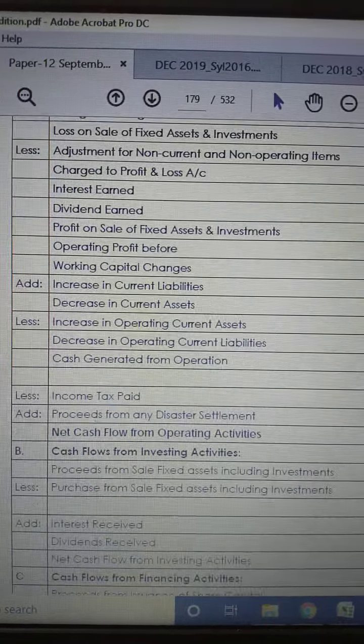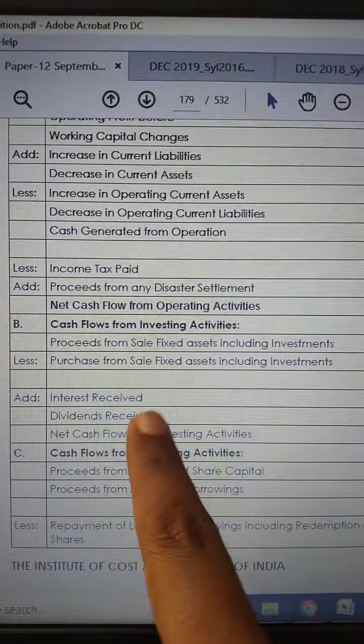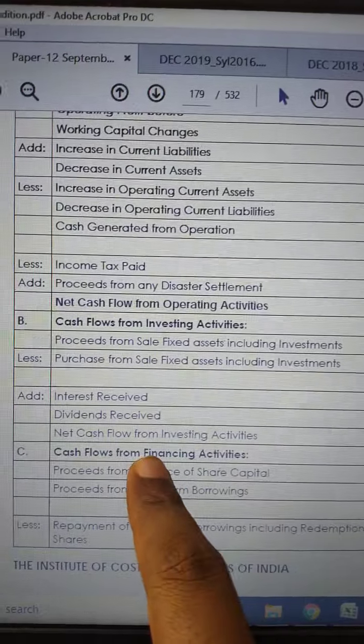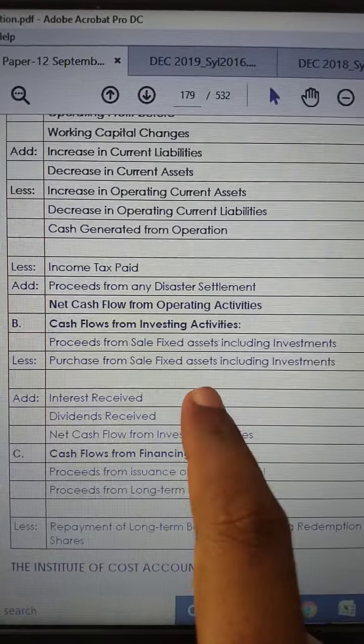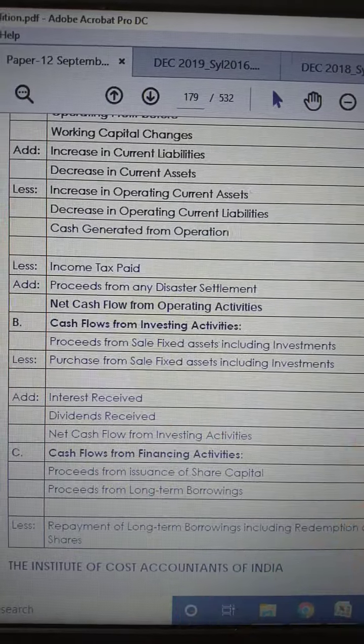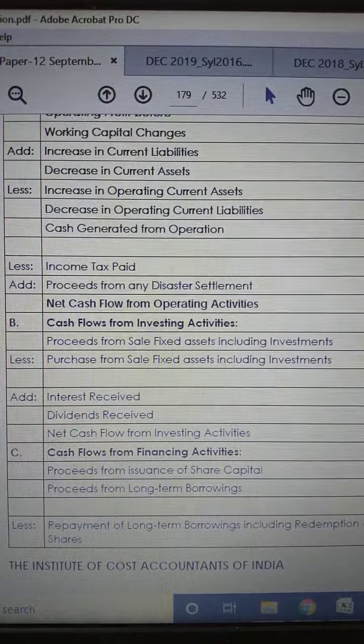Cash flow from investment activity and financing activity, all these things were very well discussed in our previous class. Just go through our previous class. Now what I am planning is to work out a problem from the institute suggested answers.